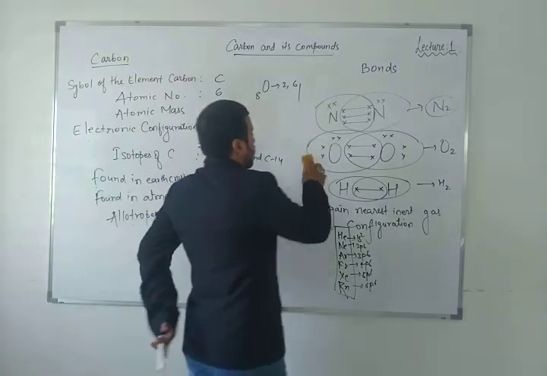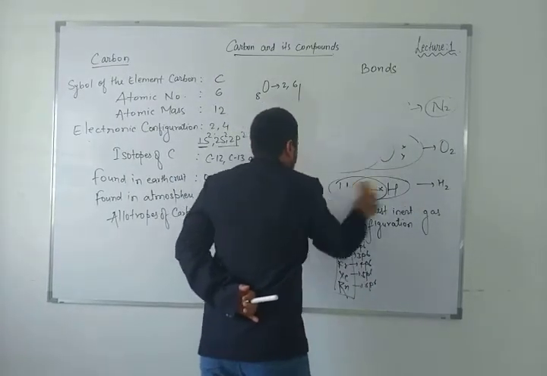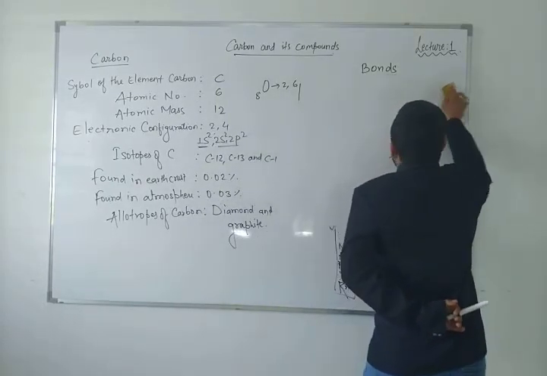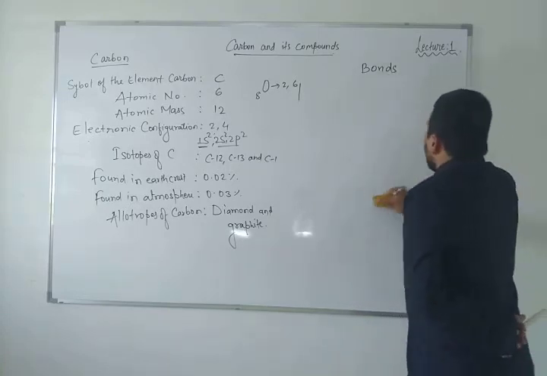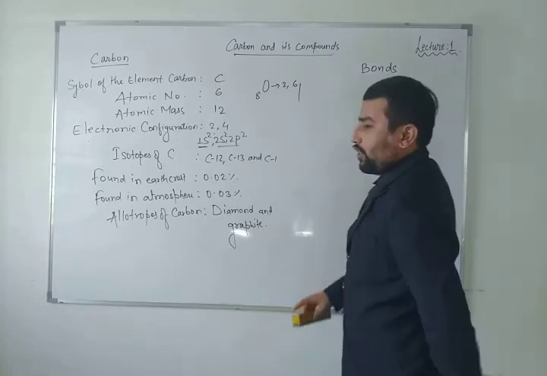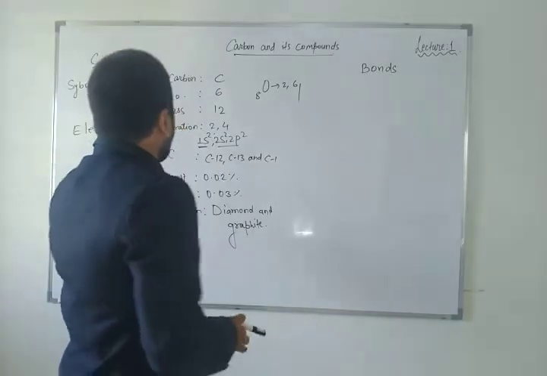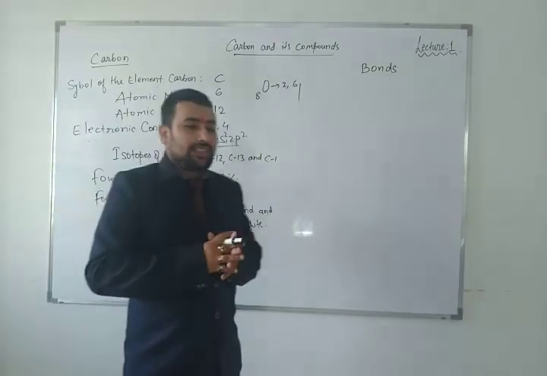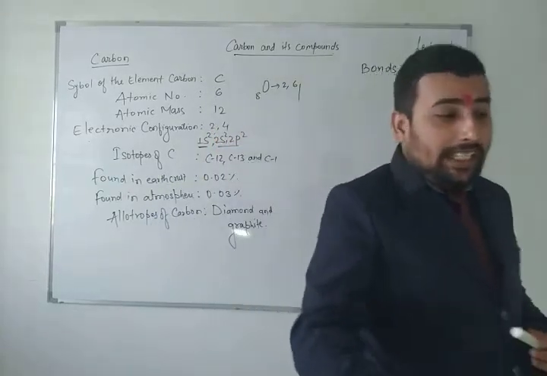When you draw the structures, you can see them in the NCERT, how the structures of diamond and graphite are formed. They are having sp2 hybridization, meaning they share their electrons in the sp2 form. Generally you have to remember diamond and graphite, and the structures are already present in NCERT. Let's start solving the NCERT in-text problems.